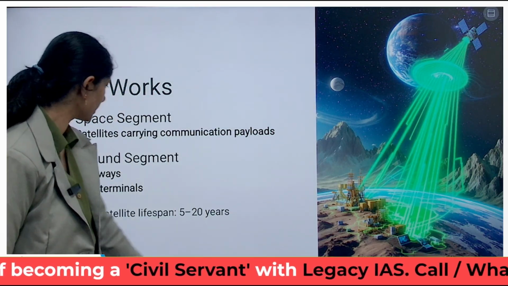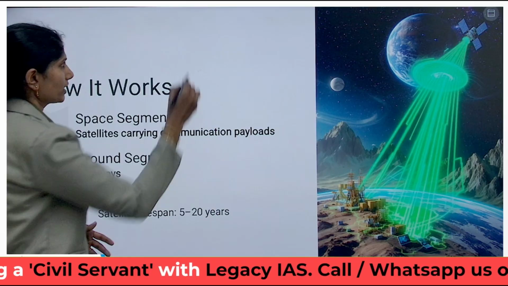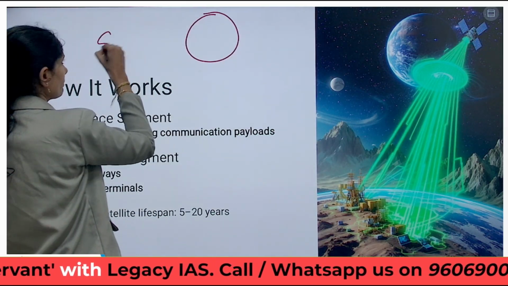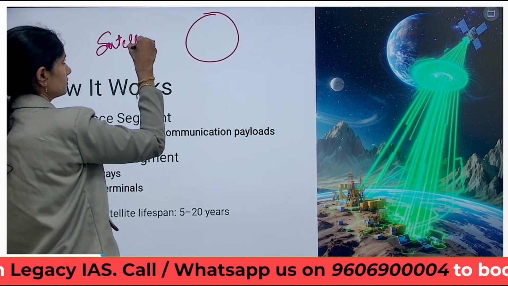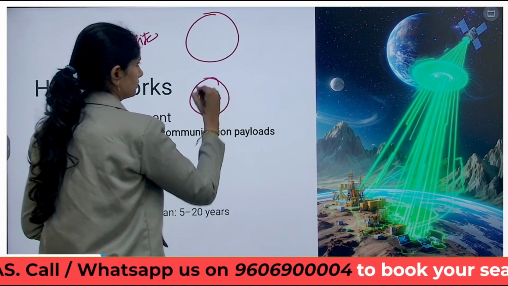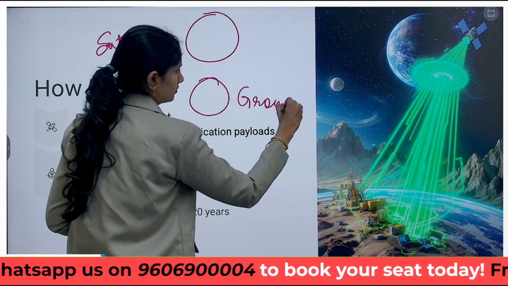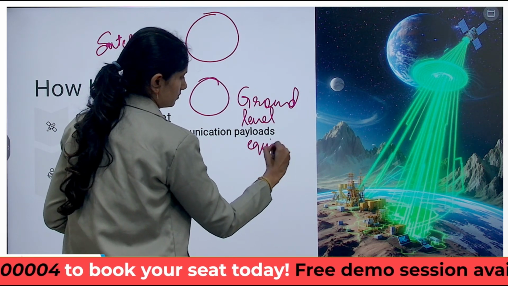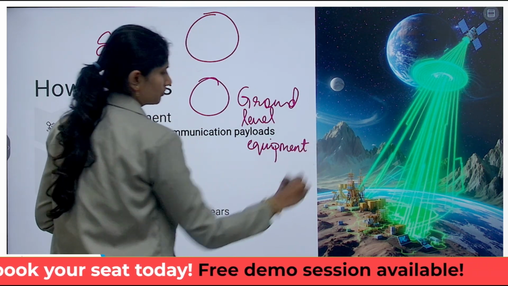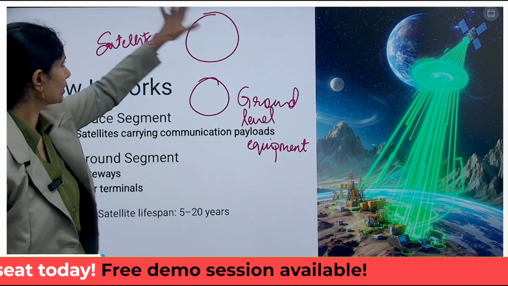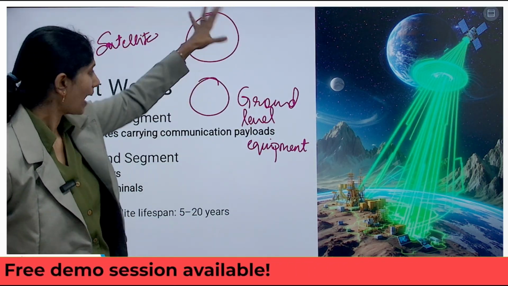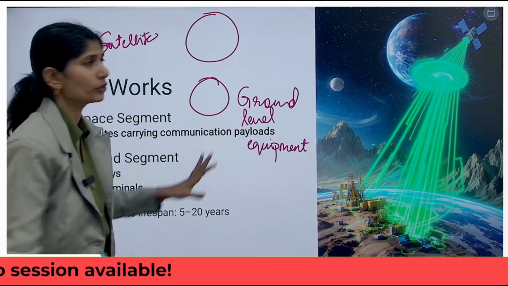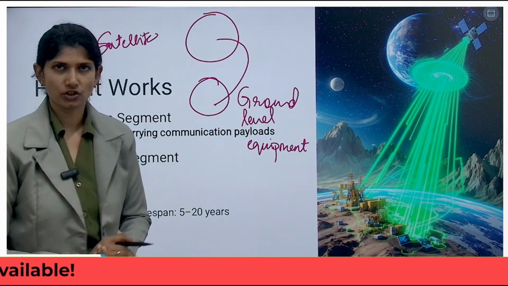First and foremost, understand this. Two things. First there are satellites, and then we need ground level equipment for them to communicate with each other.